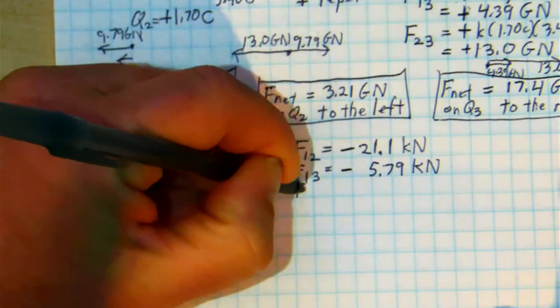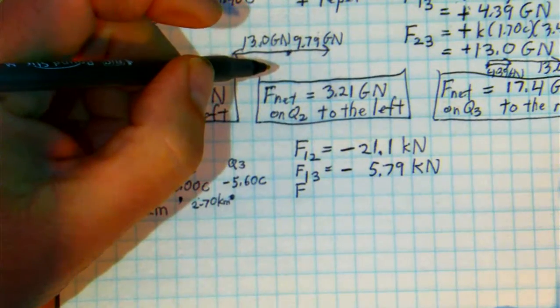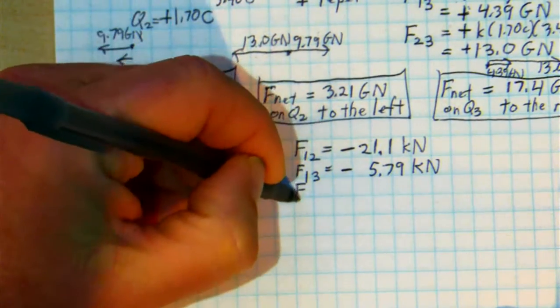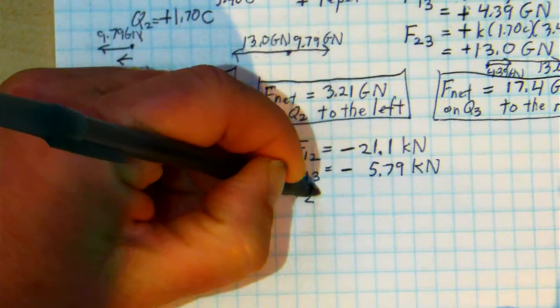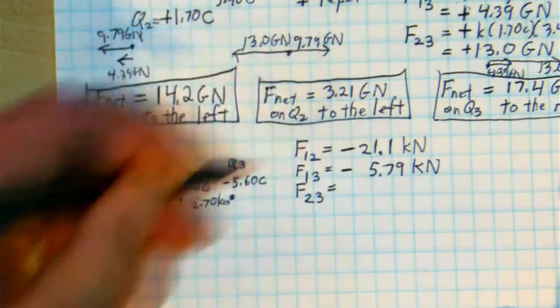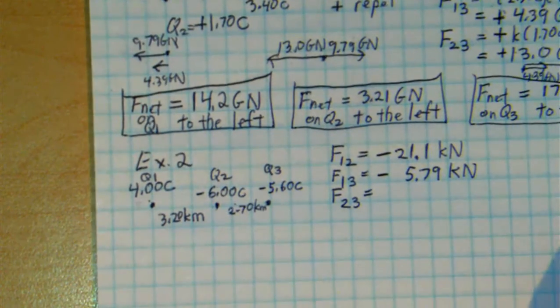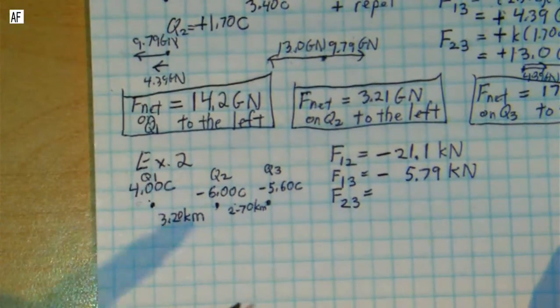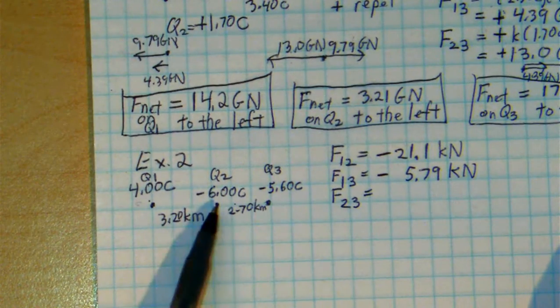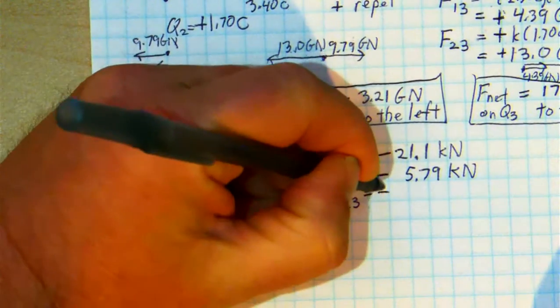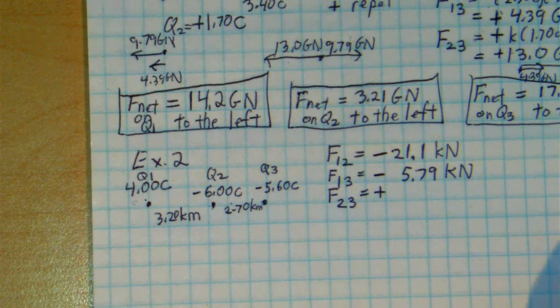Last, I calculate the force of electrical attraction or repulsion between charge Q2 and charge Q3. In this case, I see they are both negatively charged, and like charges repel. So this is going to be a positive result, meaning they repel each other.